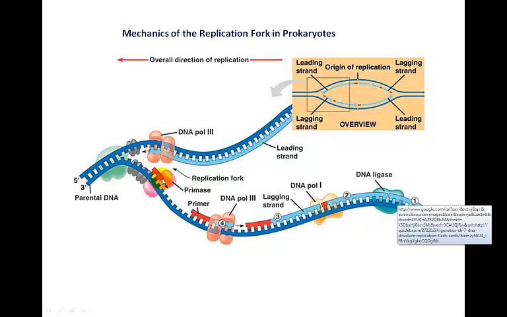The DNA polymerase, which is going to be DNA polymerase 3, can extend this chain until it bumps into the next primer. Again, this is the 5' end of the primer. This is the 3' end.